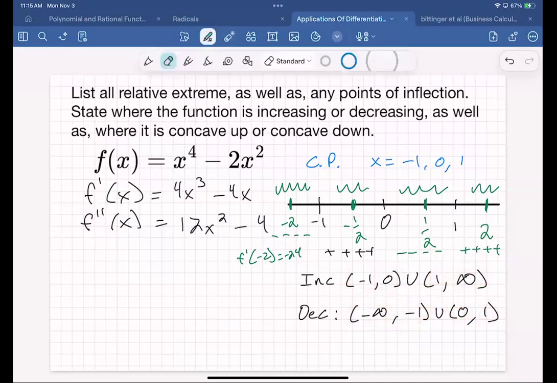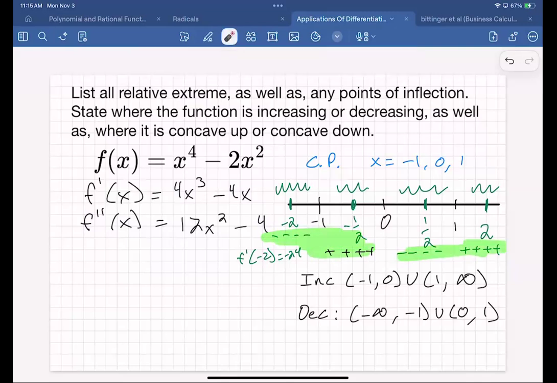Now, things I would highlight here is make sure you take note that there's a change that occurs here, and that same kind of change occurs here. If something goes from decreasing and then starts increasing, what type of extrema do we have possible? It's a possible relative minimum, right? There's a relative minimum.